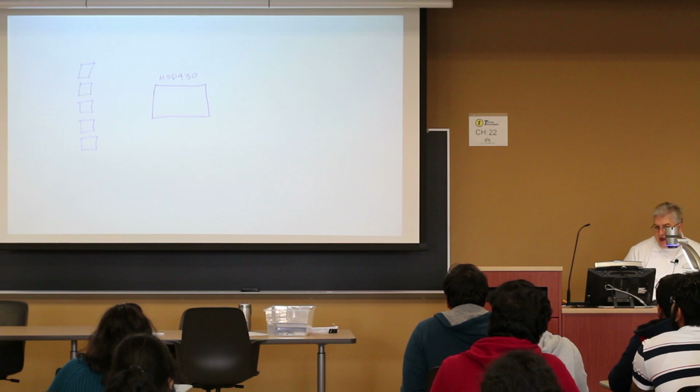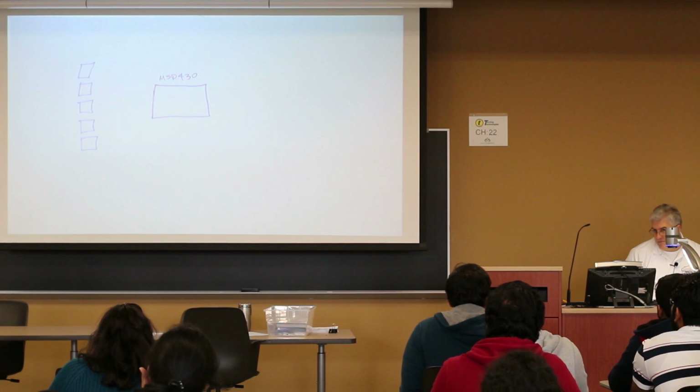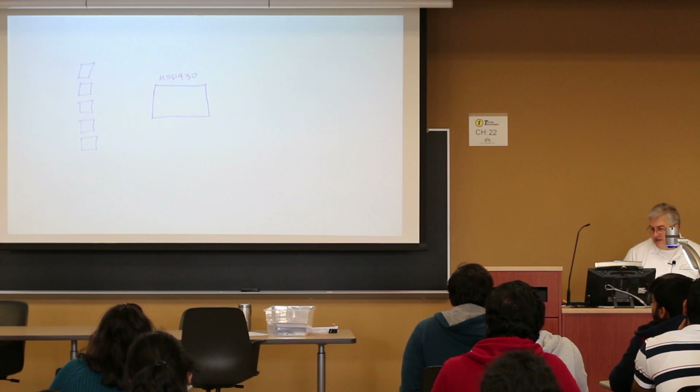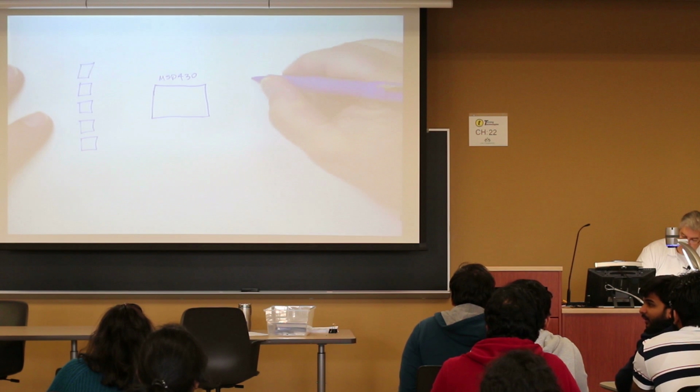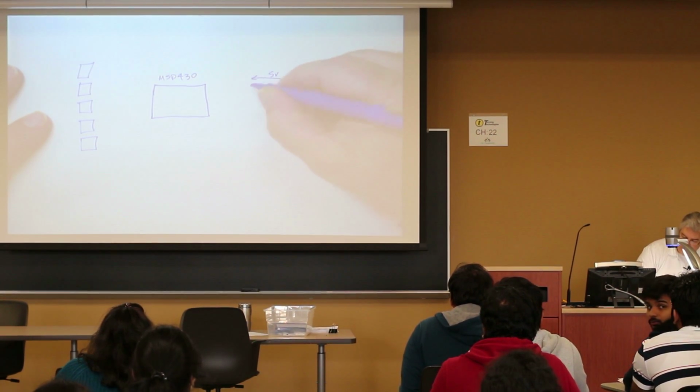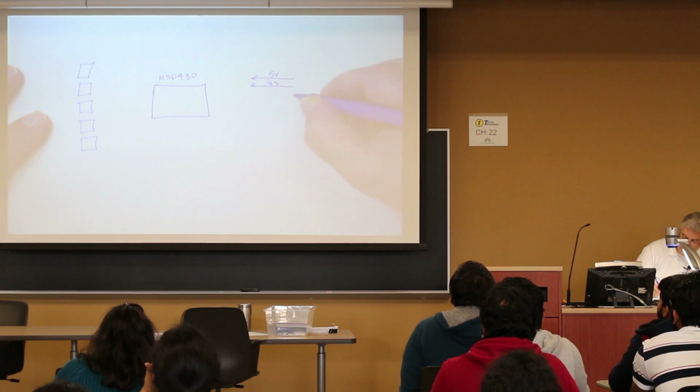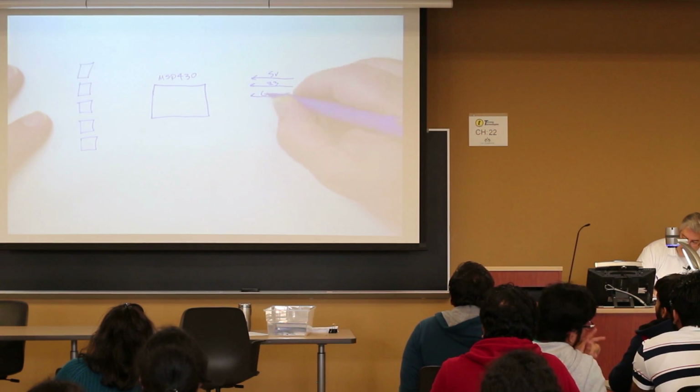And what else do we have? Power supply. A power supply. But what did I say about that in the power supply? I get it from the other board. So I have, coming from the other board, 5 volts, 3.3, and ground.